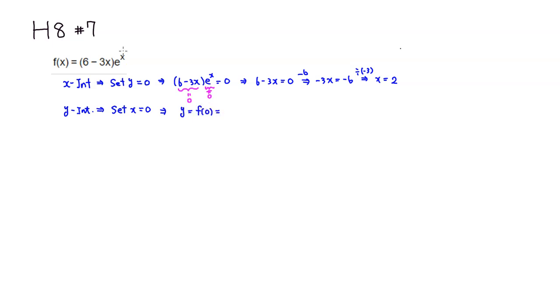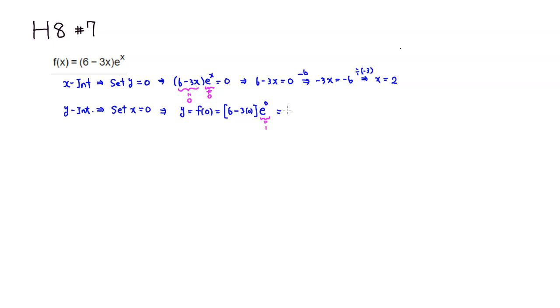So you have 6 minus 3 and plug in 0 there. Maybe I should put a square bracket there instead of parentheses so that we don't get confused. Then you have e to the 0. We know that e to the 0 is 1. So we have 6 minus 0 times 1, so it's going to be 6.